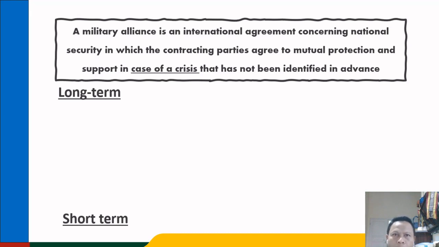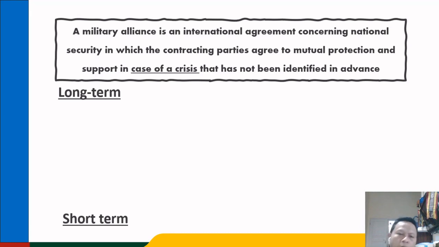This means that this alliance works if some crisis happens, like if suddenly we are attacked by another country. So if we have an alliance with certain countries, this alliance will work to protect and to do a specific action, especially military action, to defend security and sovereignty.